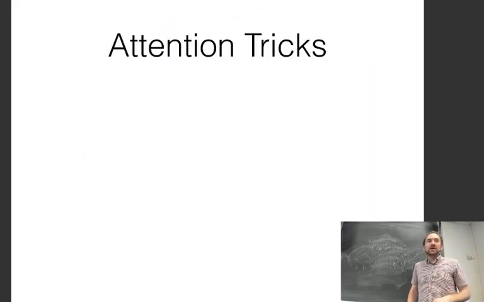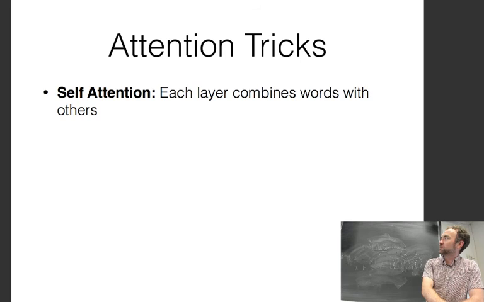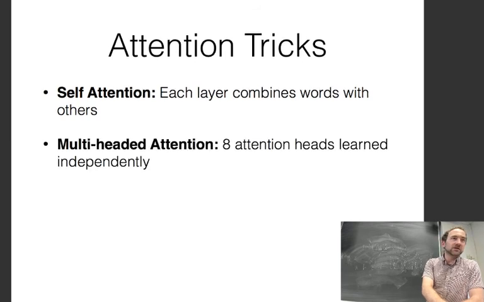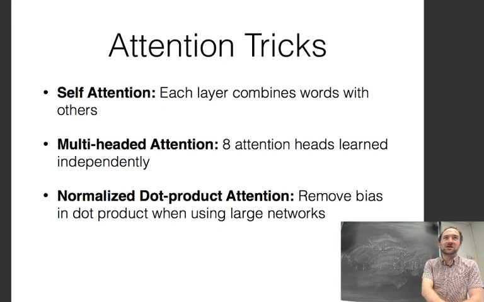This paper is very unique in concept and it gets very good results. One thing you should be careful about is it introduces like 100 different tricks, probably all of which are important to get your model to work properly. Just a few of the tricks they do is they're using self-attention, like I mentioned before. They're using multi-headed attention. They're using normalized dot product attention, which are all things that I introduced.